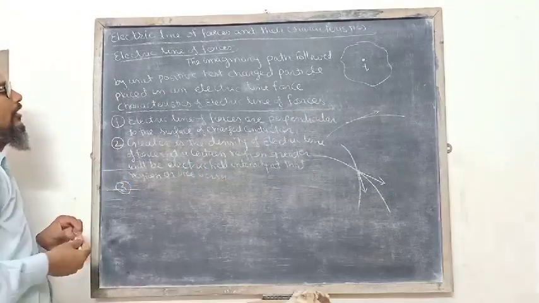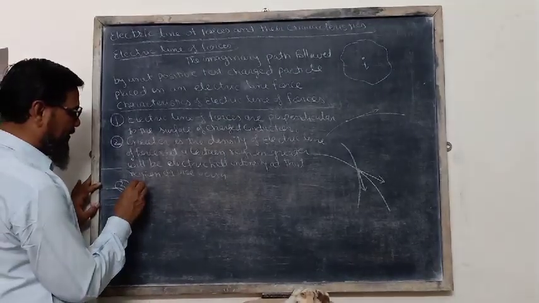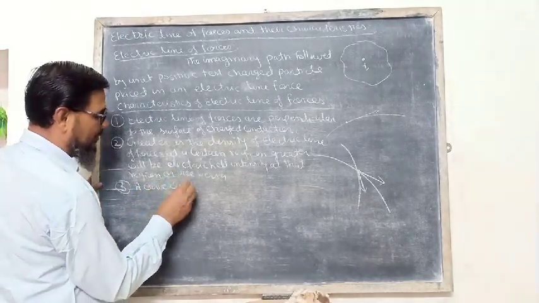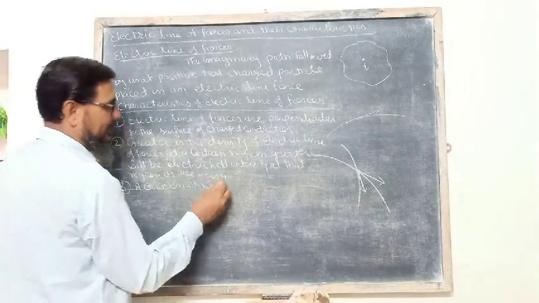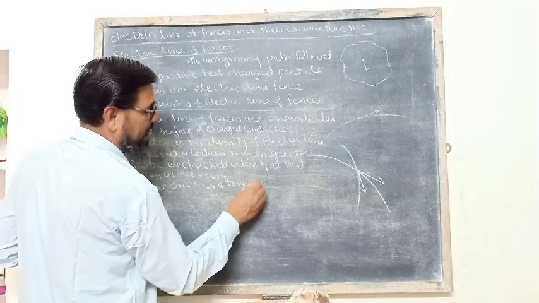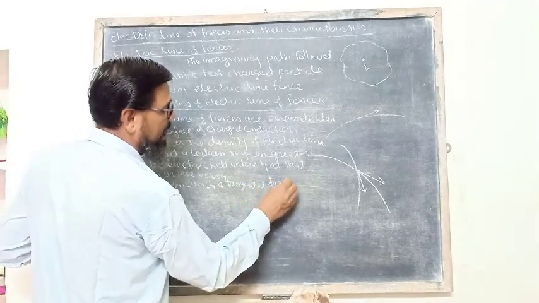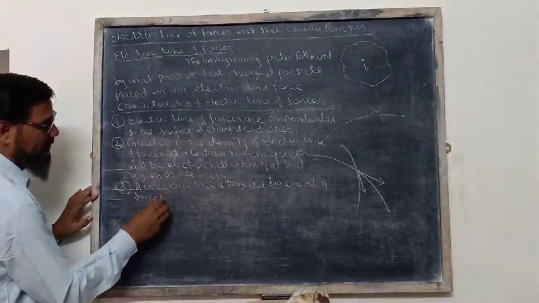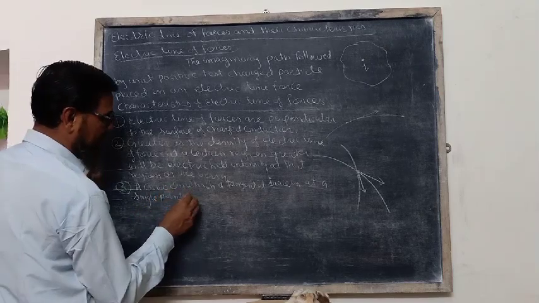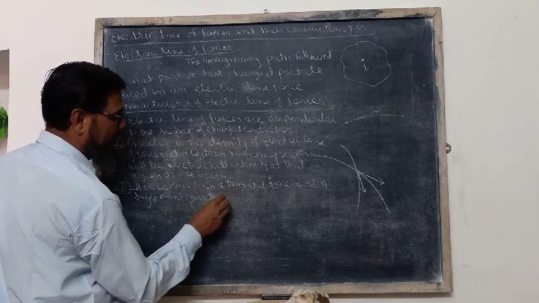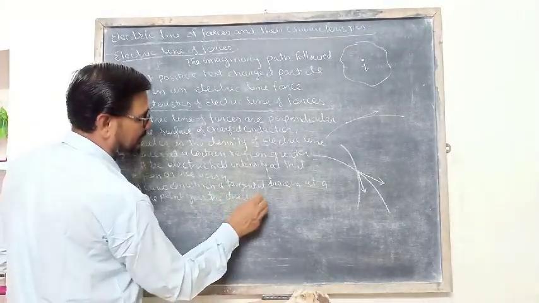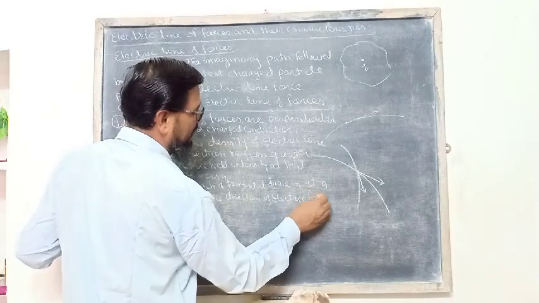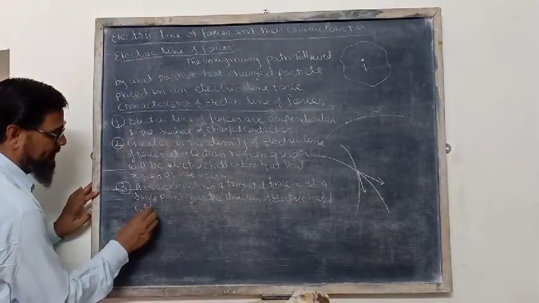Next characteristic of electric lines of force is a curve on which a tangent drawn at a single point gives the direction of electric field intensity.